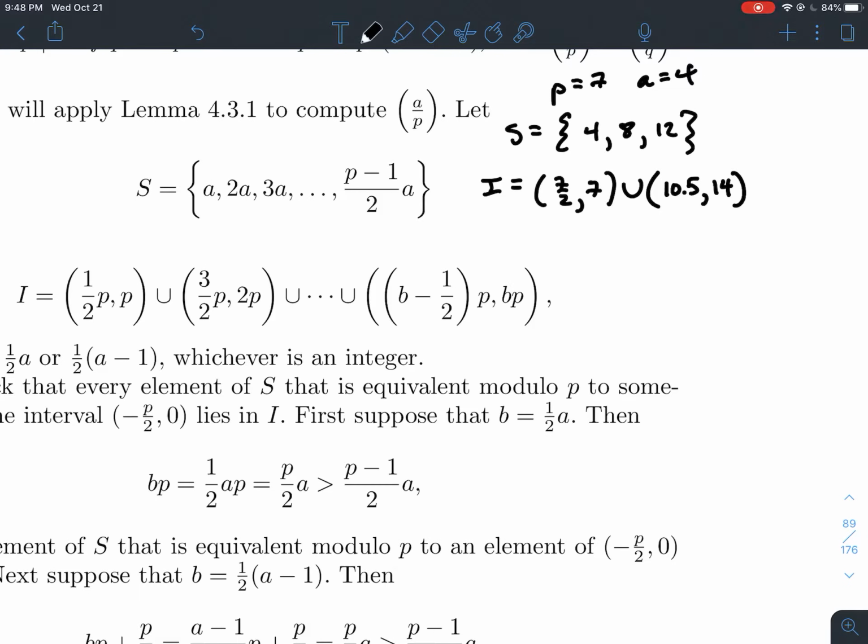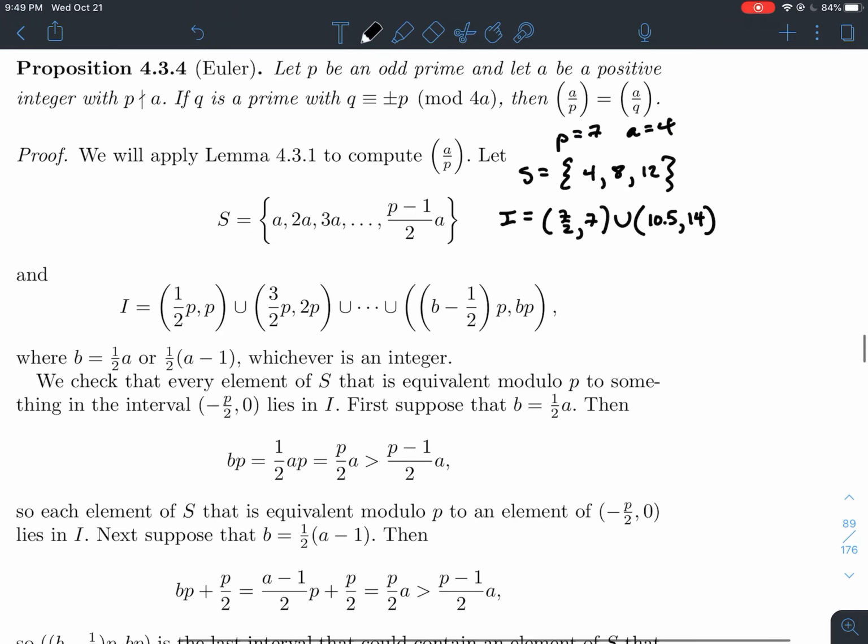That sounds good. So this is what my I looks like, and I know to stop there because b was just 2, so there should only be up to 2 times p. That's where I stop. So my I just has this union of these 2 intervals here.